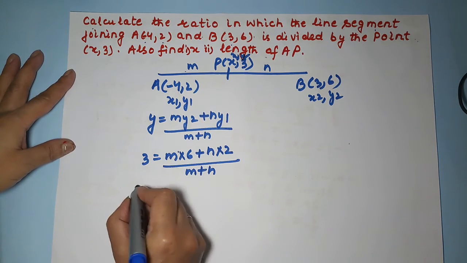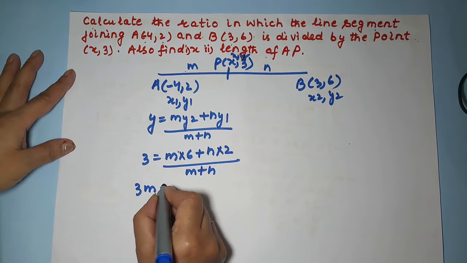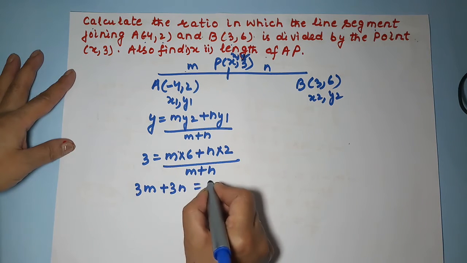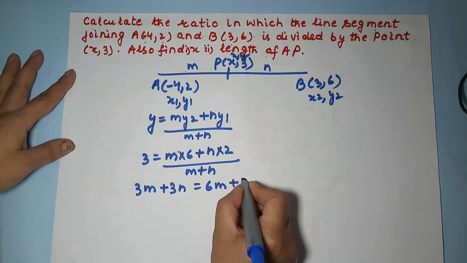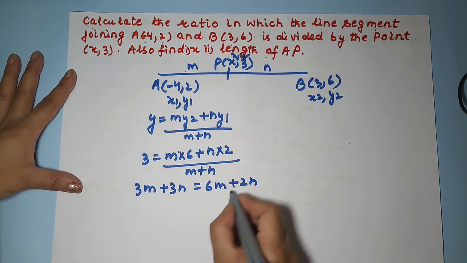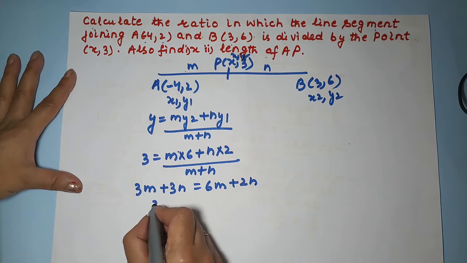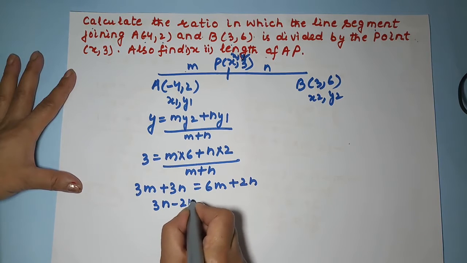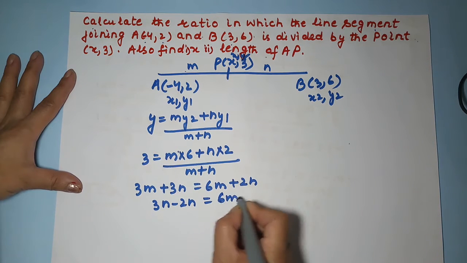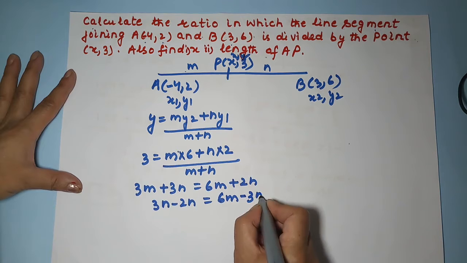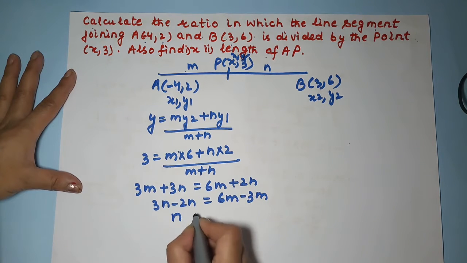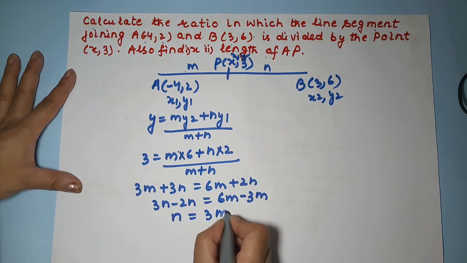Now I will cross multiply. This will give me 3m plus 3n is equal to 6m plus 2n. Now I'll shift this 3m this side and this 2n this side. 3n minus 2n is equal to 6m minus 3m. Now this will become n equal to 3m, right?